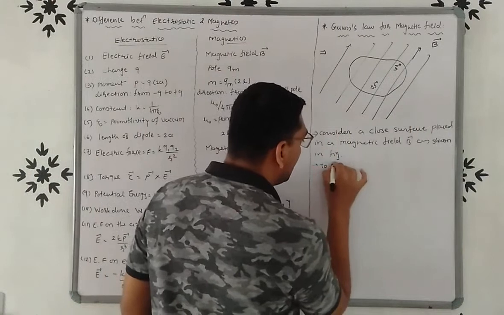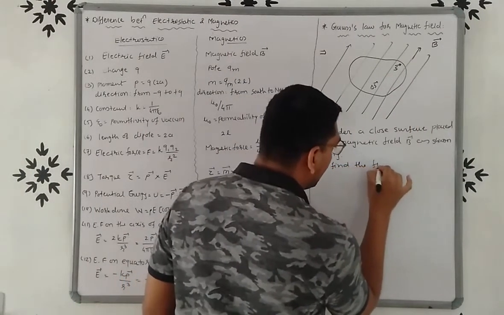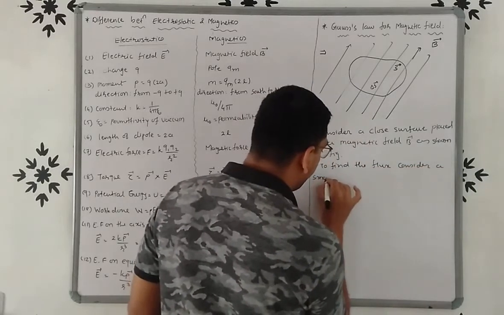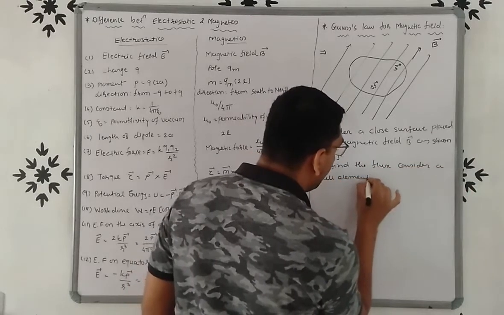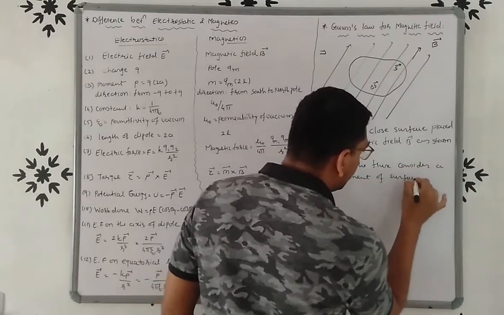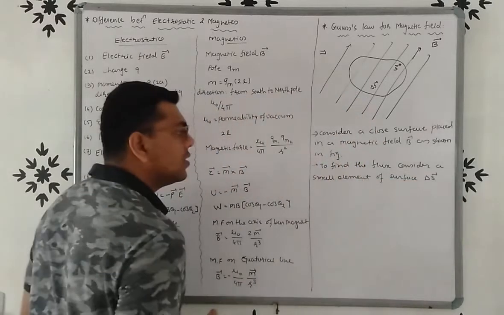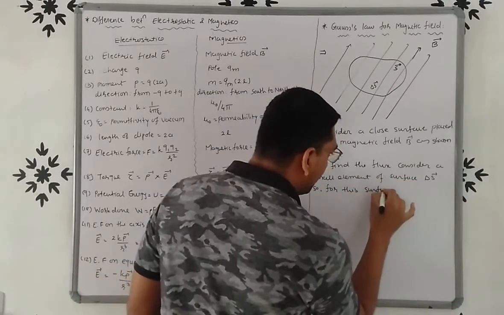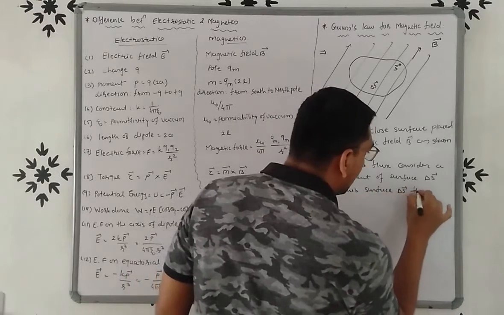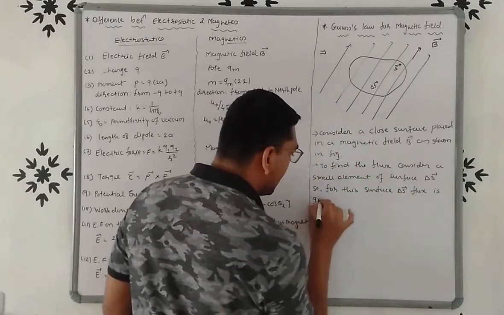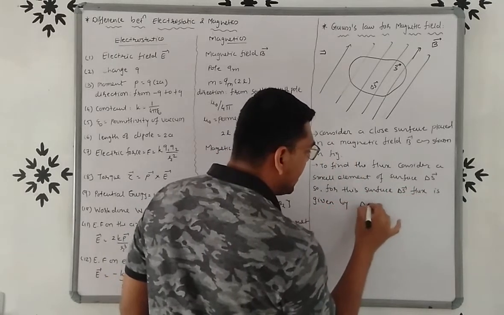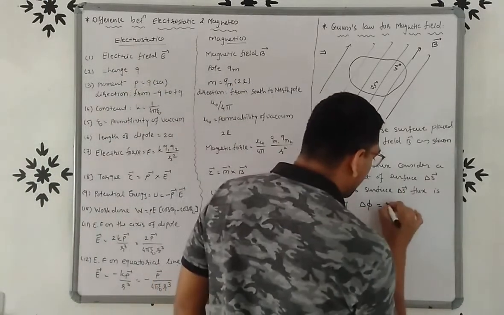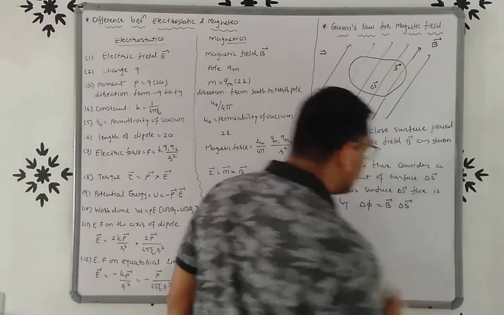So to find out the flux, consider a small element of surface delta S. For this surface delta S, flux is given by delta phi is equals to vector B dot delta S, right?